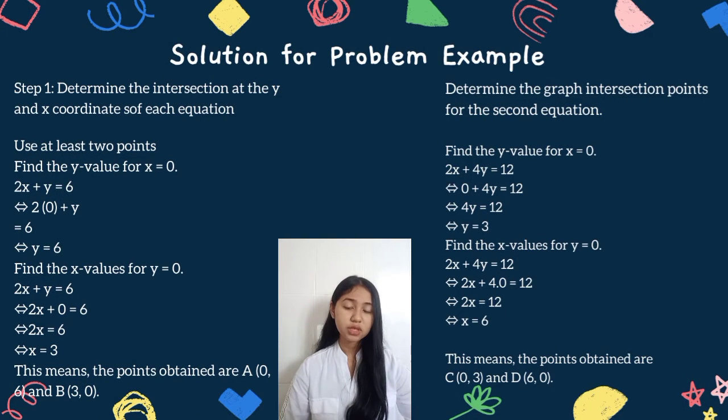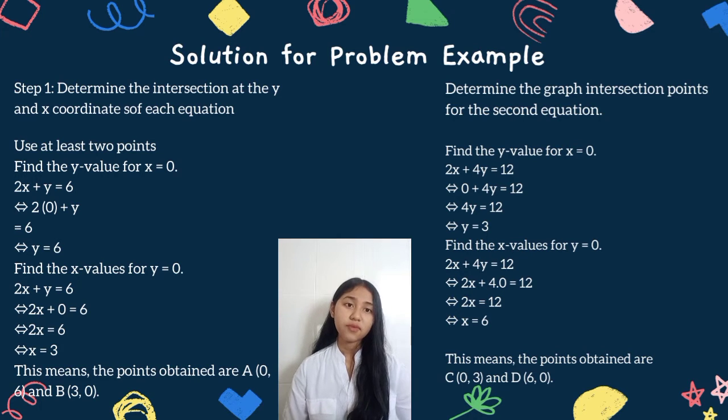So for the solution to the problem, step 1, determine the graph intersection points for the first equation and the second equation. For the first equation, use at least 2 points. Find the y and find the x.